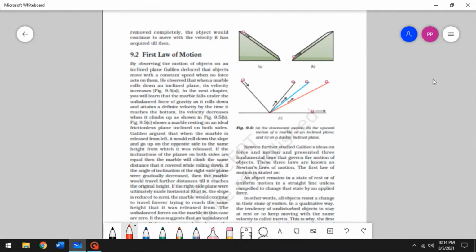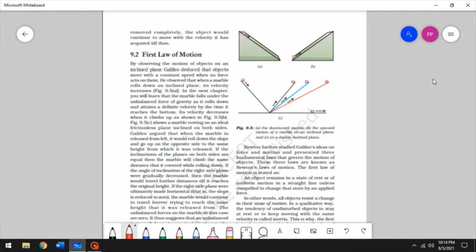One thing you have to remember is that under balanced forces, if an object is at rest, it will remain at rest, and if the object is in motion, it will continue moving in the same direction.